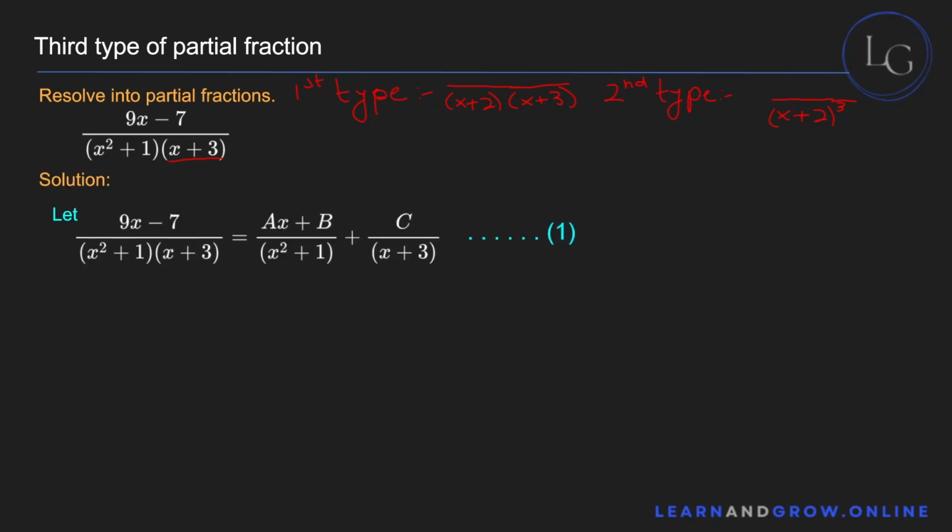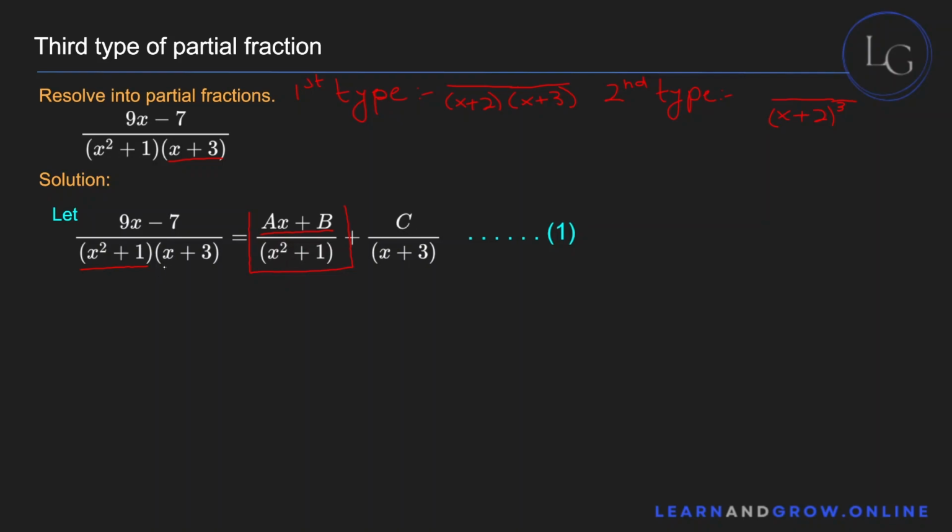Well, when you resolve it into its partial fractions in the initial step, you get this. You have ax plus b over this entire expression that has the variable with the power.